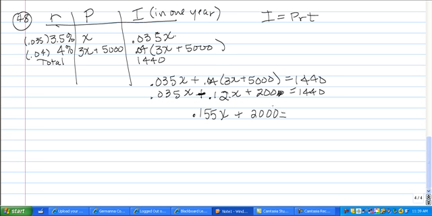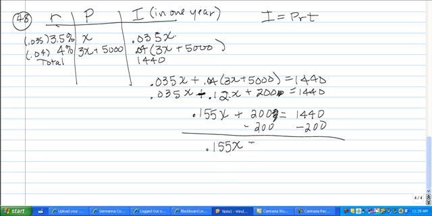And this should be 200. Equals 1,440. Now we want to subtract the 200. I think I finally straightened everything out.